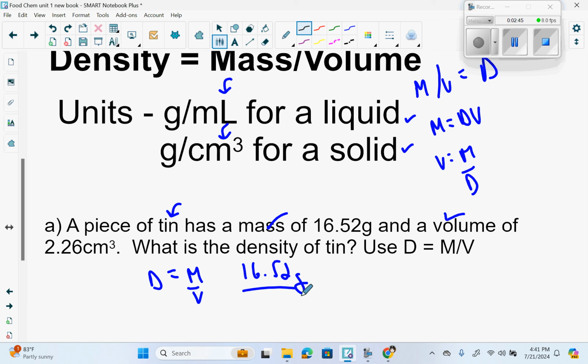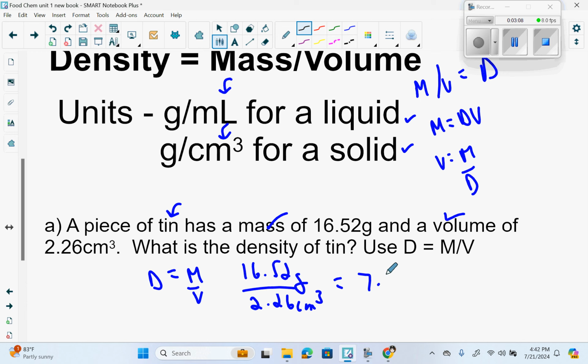Volume, 2.26 centimeters cubed. So you just divide this in your calculator. 16.52 divided by 2.26. And again, you don't need significant figures, but I'll just tell you how many to put. I would use 3 because you don't need all of those numbers in your answer.